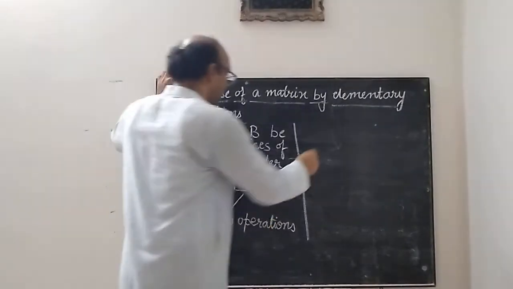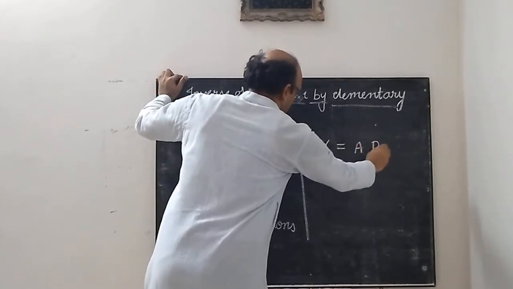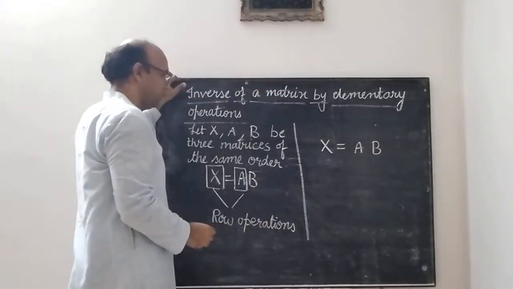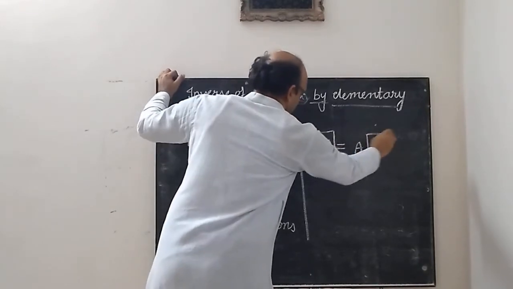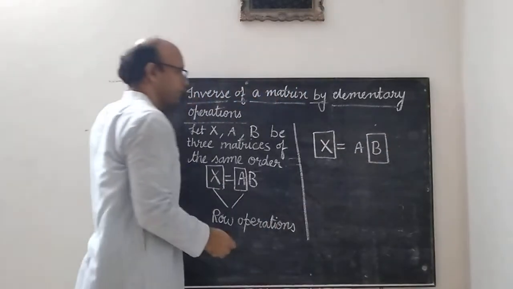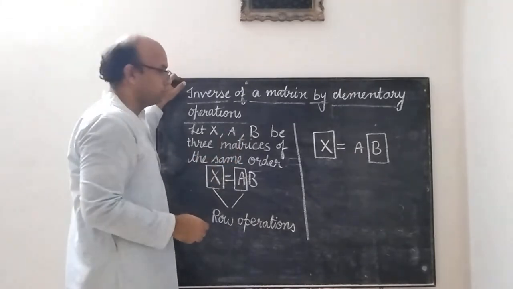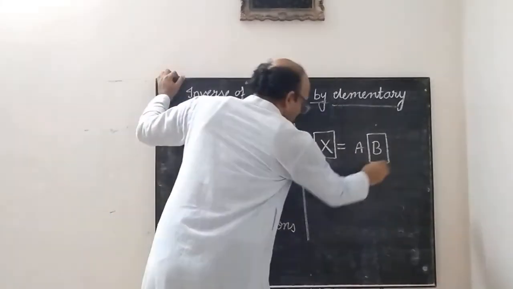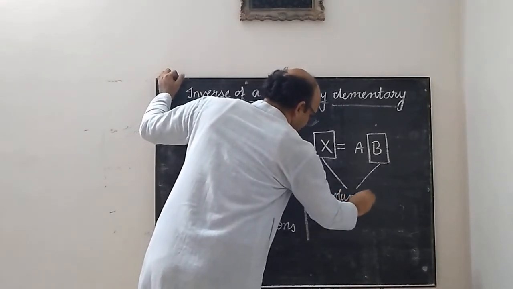And similarly, when we talk about column operations, we apply the column operations on these two, so as to keep the equality intact.